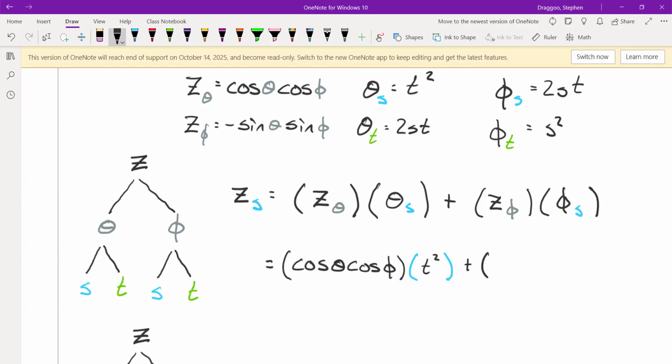Plus, adding in another element here, this is negative sine theta, sine phi, times... nope. Try again. That's 2st. That didn't take long. There we go.